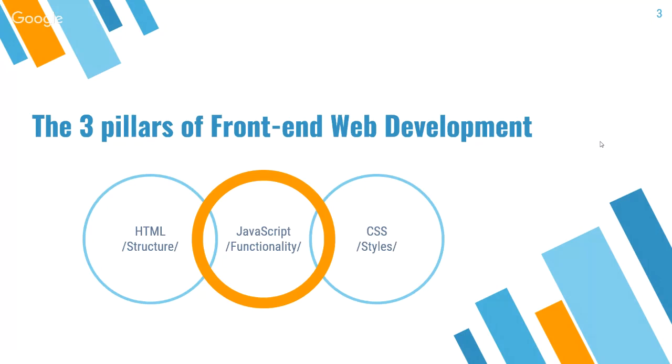And JavaScript, as you can see here in brackets, provides the functionality, meaning that it makes our content in the website dynamic, it makes it react to user interactions, user input, and all that.